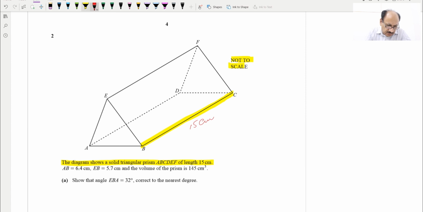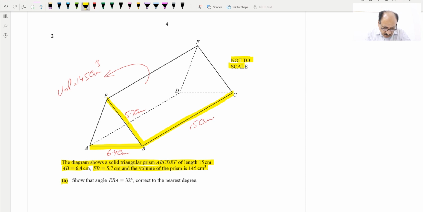Then it says AB is 6.4, so AB is this length, which is 6.4 centimeters, and then EB is 5.7 centimeters, and further says the volume of the prism is 145 centimeter cube. So volume of prism is equal to 145 centimeter cube.